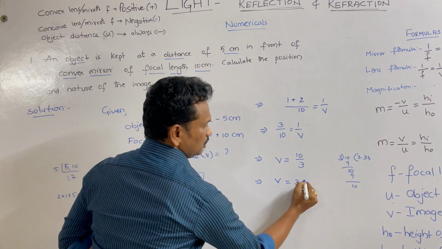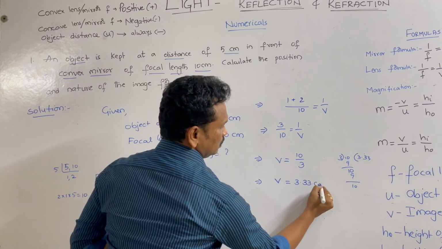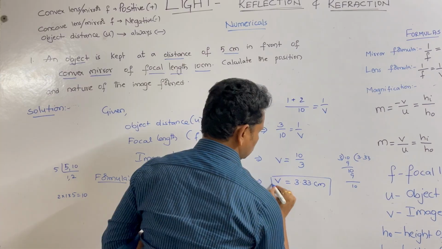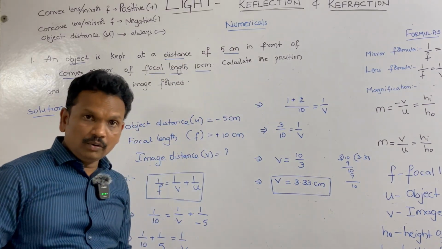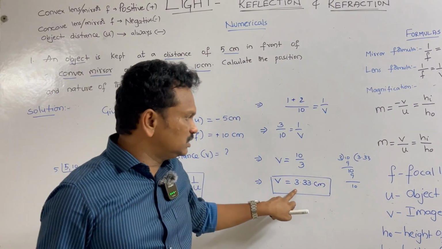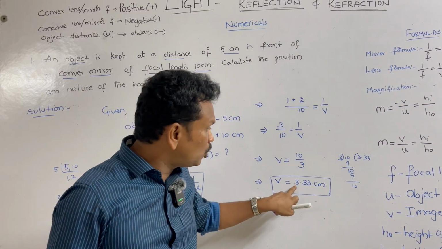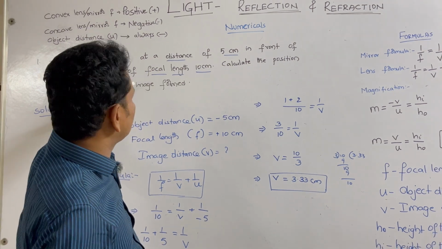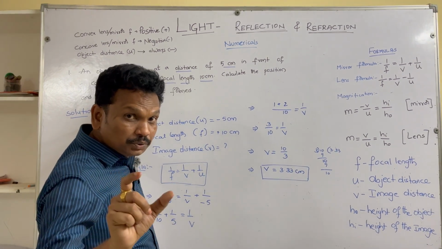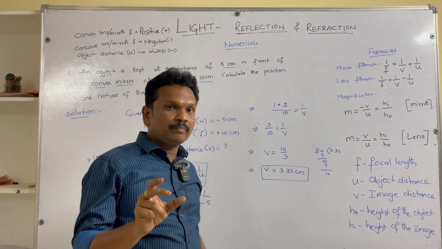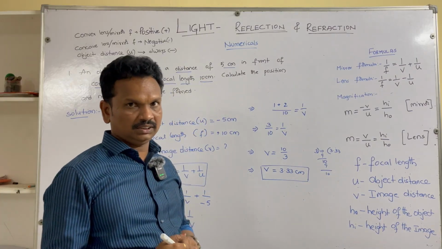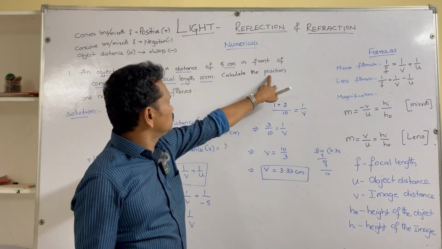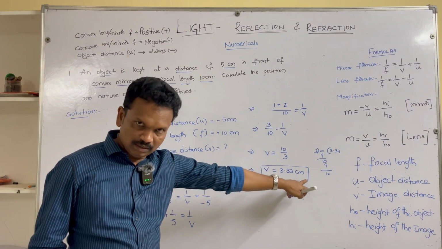So therefore v is 3.33 centimeters. Now here we got image distance in positive value. Positive means convex mirror. Positive is a virtual image. Now, the position is 3.3 centimeters.